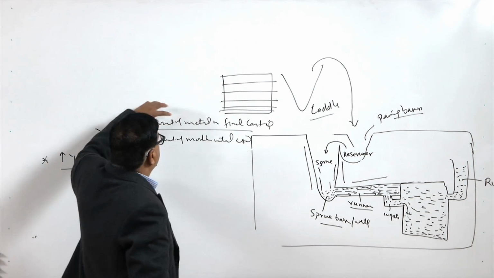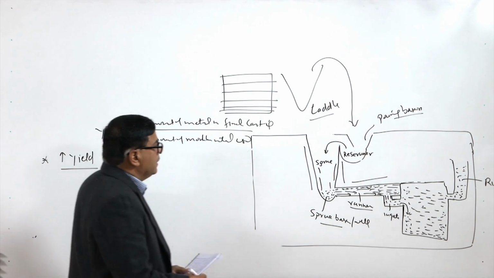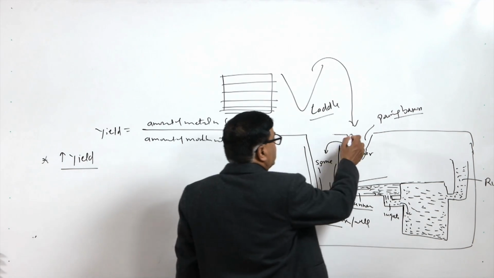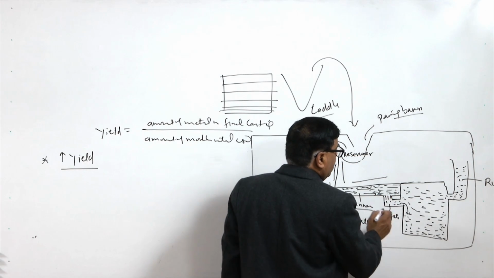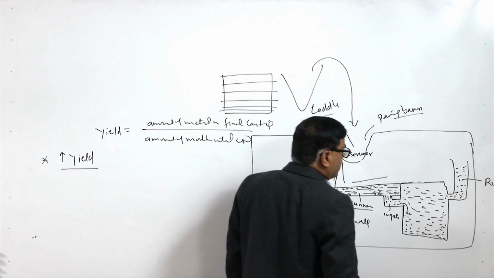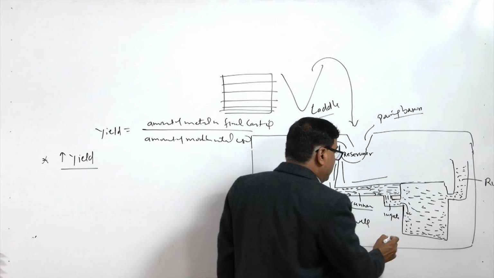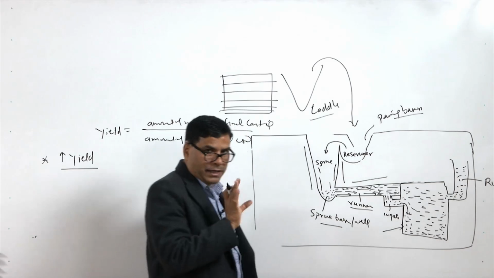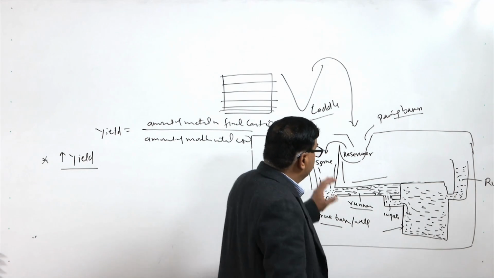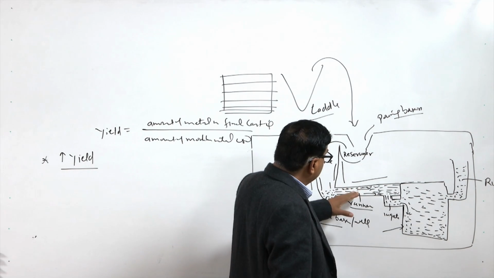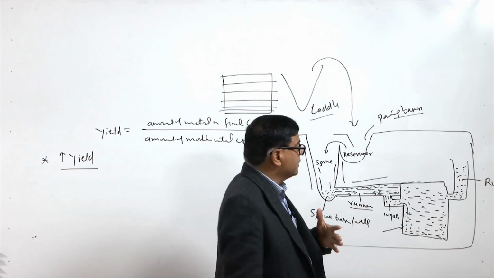We know that there is a lot of wastage of the molten metal, because whatever molten metal is fed from the reservoir to the sprue, then the runner, and then the mold cavity and riser, the molten metal in the mold cavity will produce the sound casting which is desired, while the molten metal which is left in the runner and in the riser is not used for any other purpose.